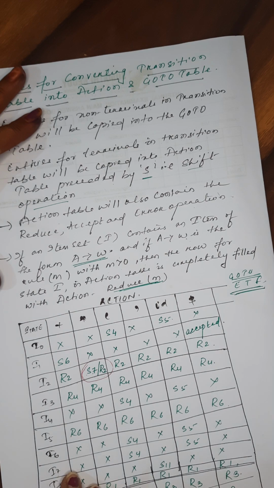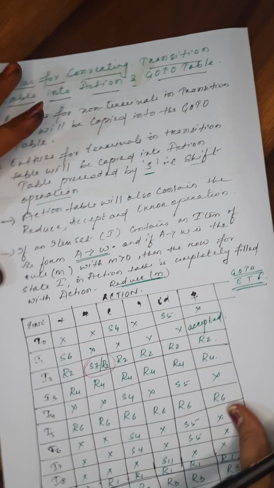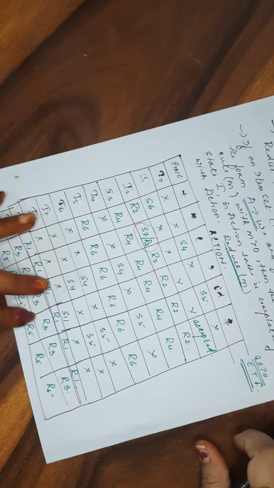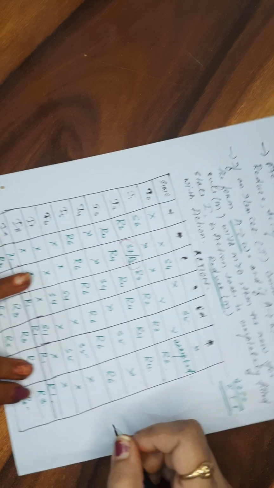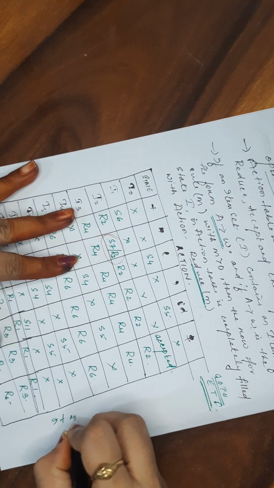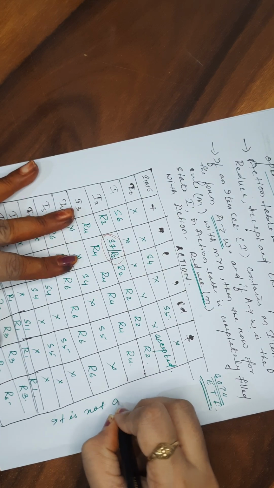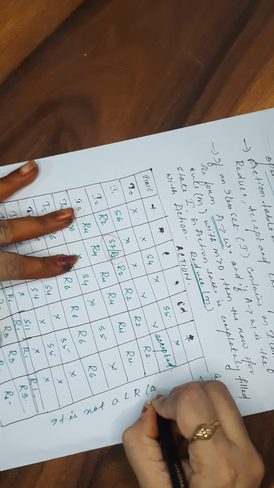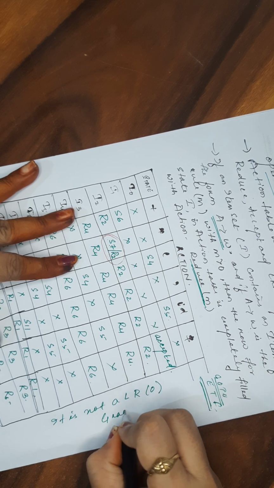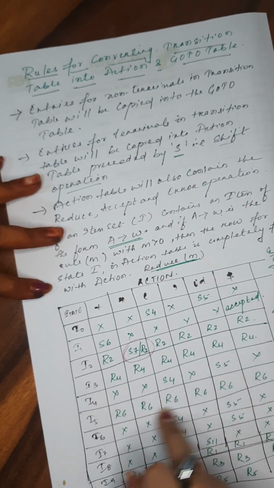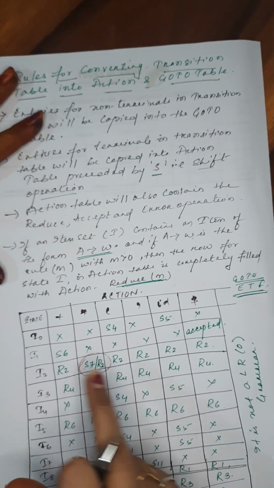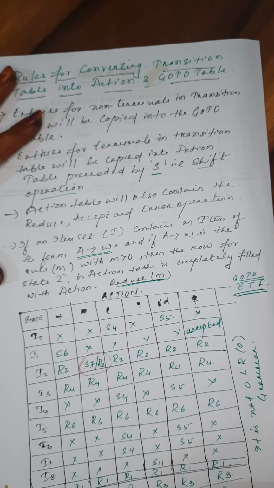So when we have such an entry, what do we call such a grammar? We call it not an LR0 grammar. Okay, like the previous cases where single entries are there, if you get single entries, then it is an LR0 grammar.